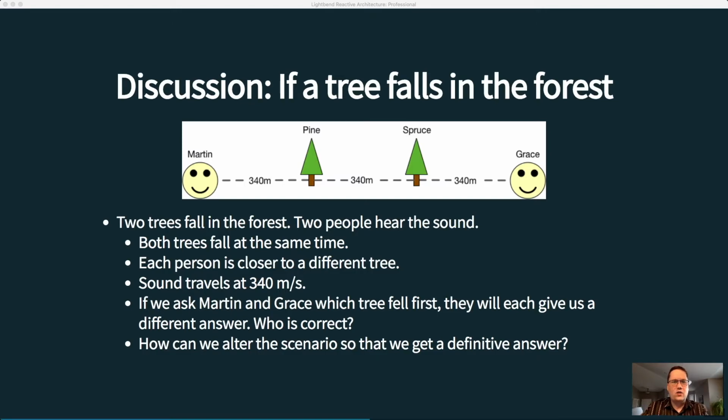Another technique that we might use in this scenario is to introduce a third observer. We have Martin, we have Grace. We could introduce a third person and put them at a different location. When we do that, there are a couple of options available to us. One is a best 2 out of 3 scenario. If 2 people say the pine tree fell first, then we just say the pine tree is the correct answer and we move on. We do this in software all the time.